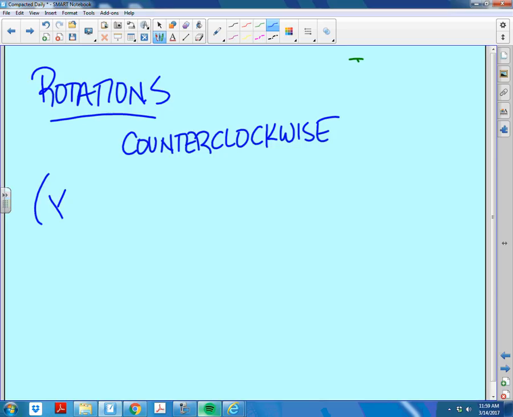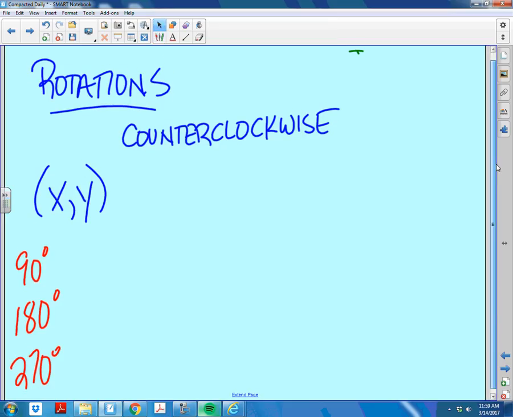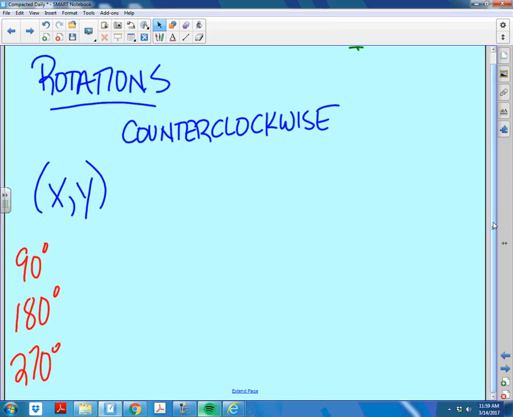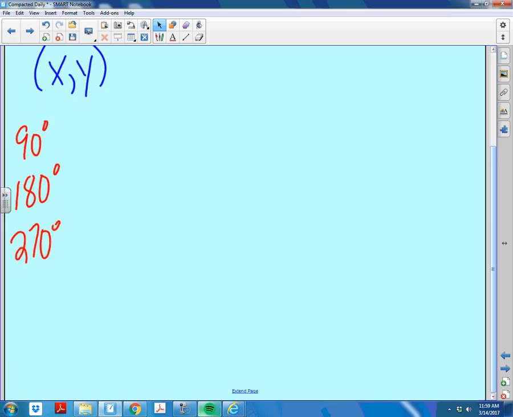Let's assume that we are rotating the point x, y. We have 90, we have 180, and we have 270 degrees. Please do not ask about 360 or I will throw something at you.